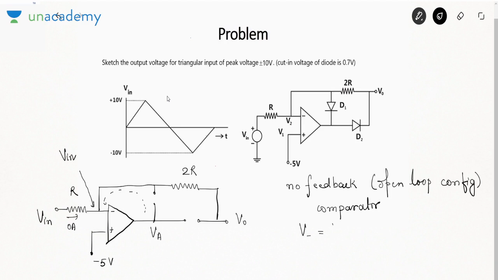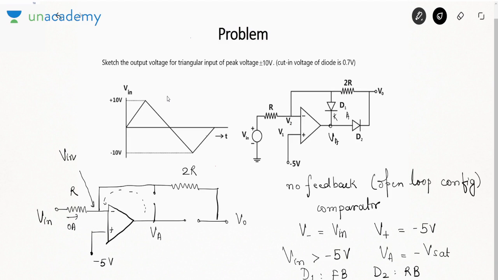So you will say negative terminal voltage is Vin, positive terminal is minus 5 volt. So if Vin is greater than minus 5 volt, that is negative terminal voltage is higher. If negative terminal voltage is higher, VA is minus Vsat. If this voltage is negative, the cathode of D1 is negative, anode of D2 is negative. If cathode is negative, D1 is forward bias, anode is negative, D2 is reverse bias.